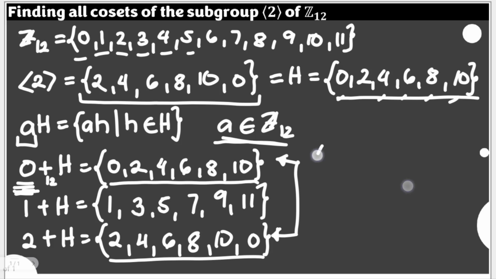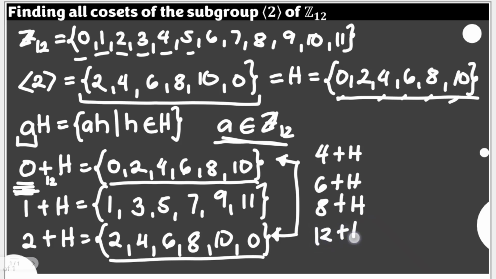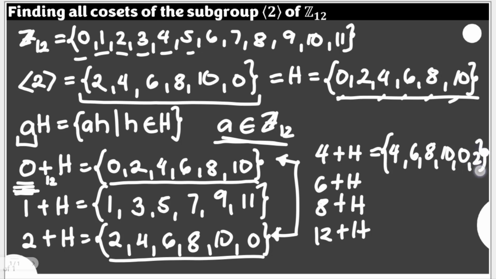This is also true for 4 plus H, 6 plus H, 8 plus H, and 10 plus H. If we start with 4 plus 0, that is 4, 4 plus 2 is 6, 4 plus 4 is 8, 4 plus 6 is 10, 4 plus 8 is 12, that's 0 modulo 12, and 4 plus 10 is 14, that's 2 modulo 12. This is the same set as the first one.